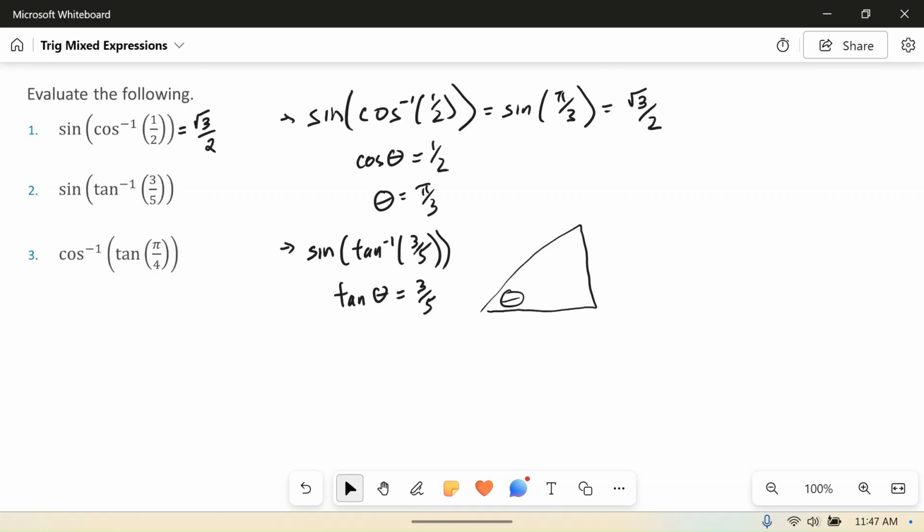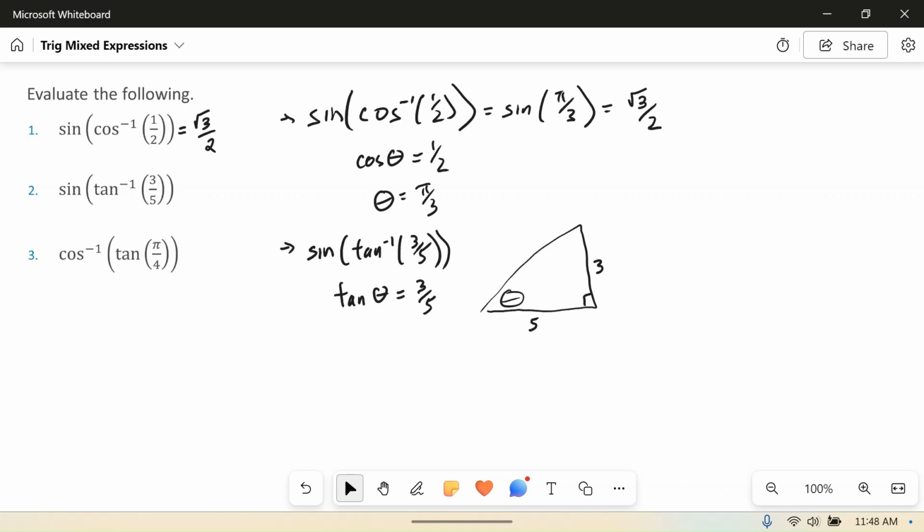From tangent, remember tangent's opposite over adjacent. So the tangent of theta being 3/5, for the acute angle theta, the opposite side of the triangle would be 3, and the adjacent side would be 5.